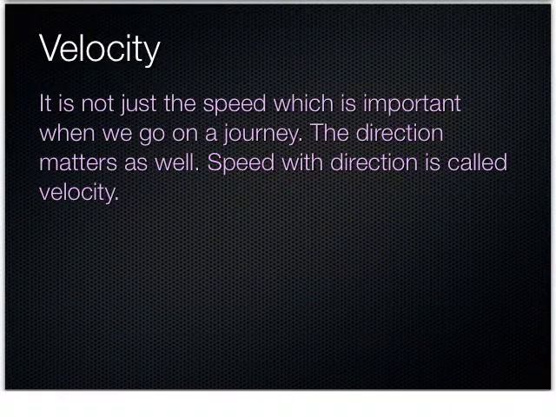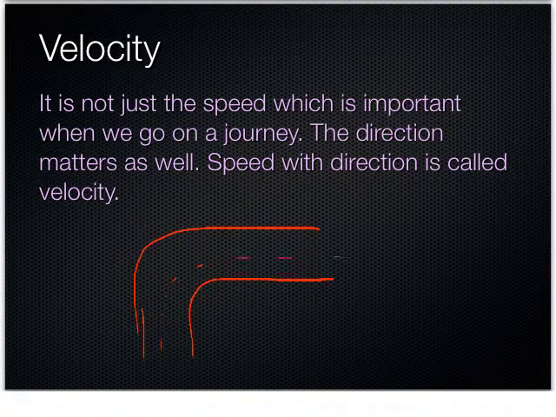Now velocity is sort of the same as speed, except this time direction is important. If you were driving your car along and you came around a corner, you could have your speedo fixed at 50 all the time. It doesn't change.